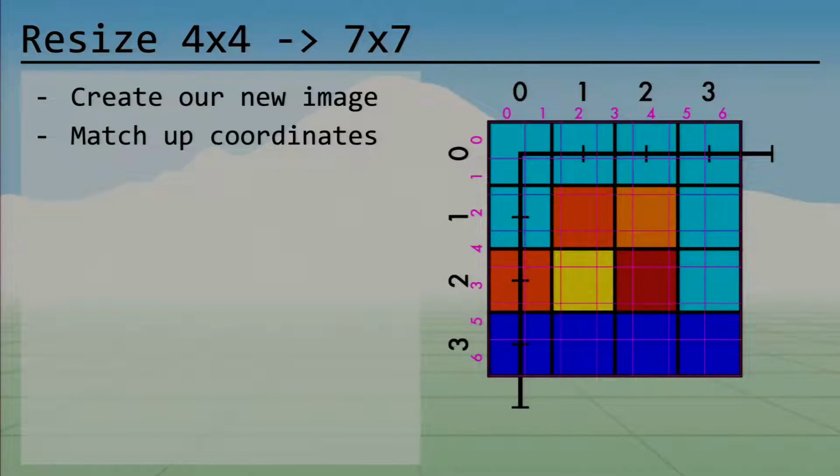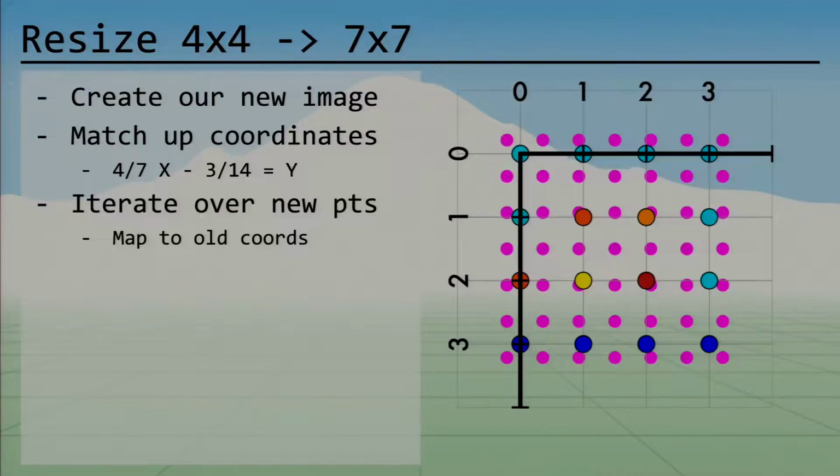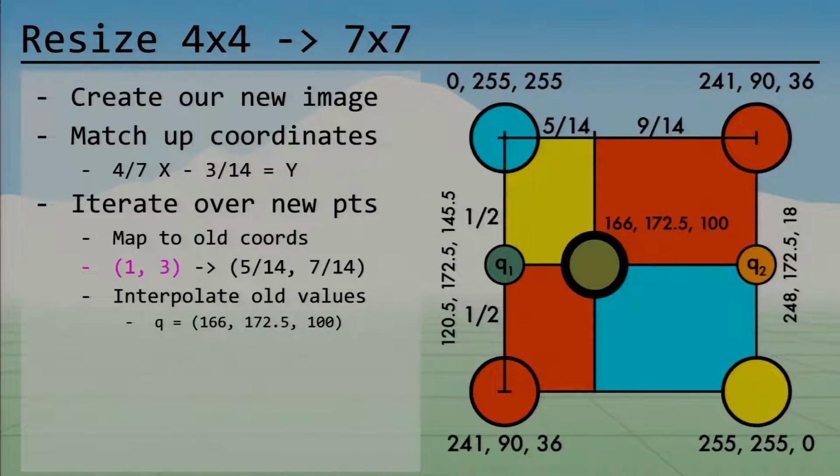Anyway, all right, so what did we talk about last time? We were talking about this resizing operation, which I think you are doing for this homework, right? Basically our algorithm for resizing images. We want to match up the 2 coordinate systems of the image, loop over all of the points in our new image, and do some kind of first mapping back onto our old coordinate system, and then some kind of interpolation.